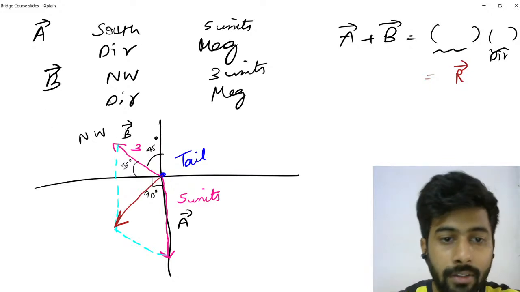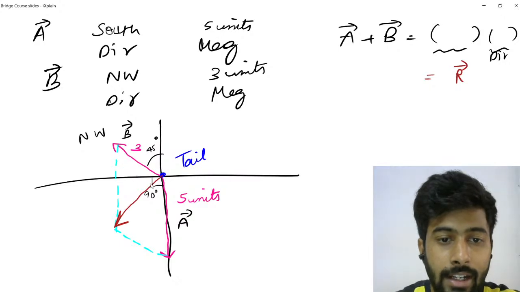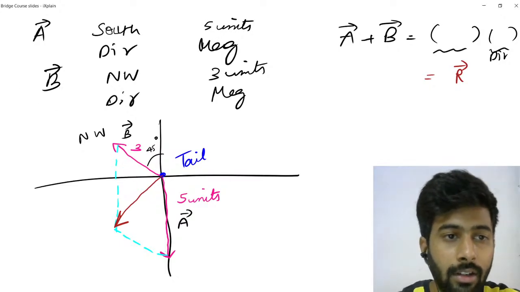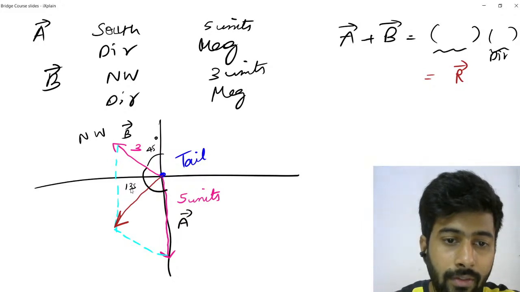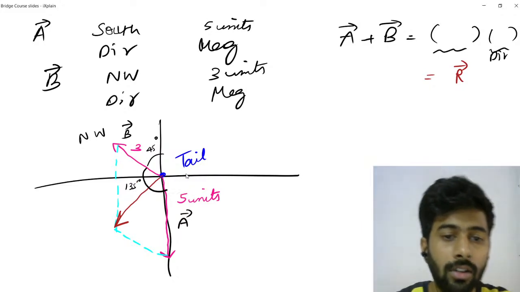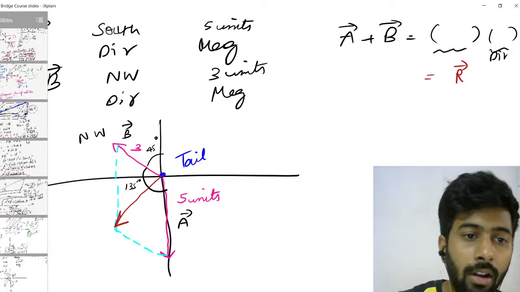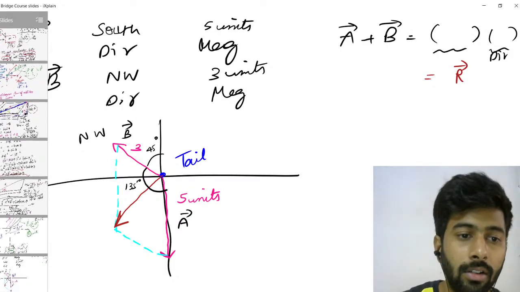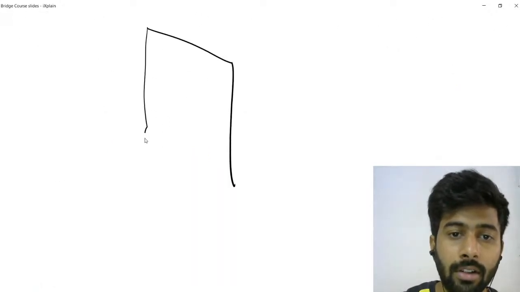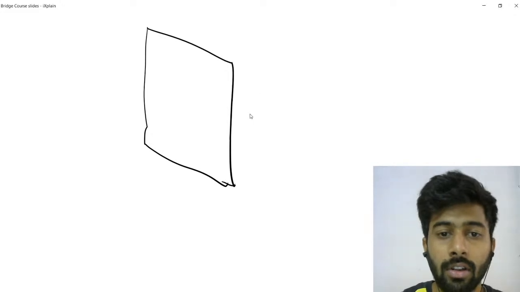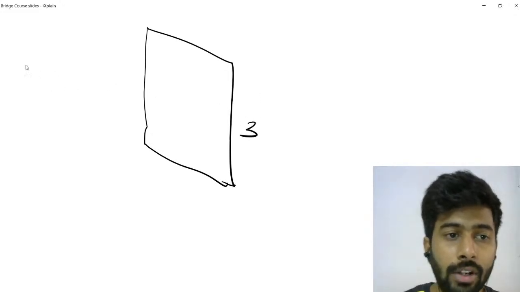Isn't it 135? 45 plus 90. So the angle between these two is 135. Awesome. So my job is very simple now. I have two vectors. The first fellow is 5 units length.